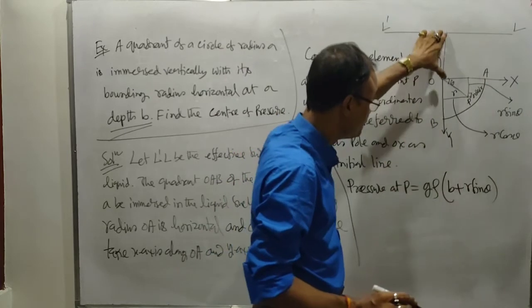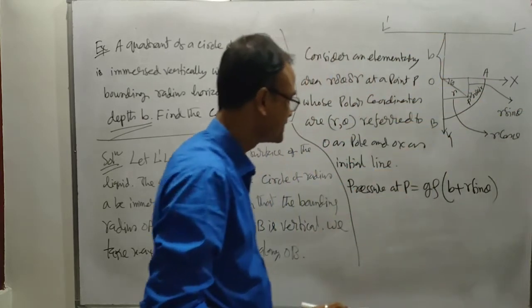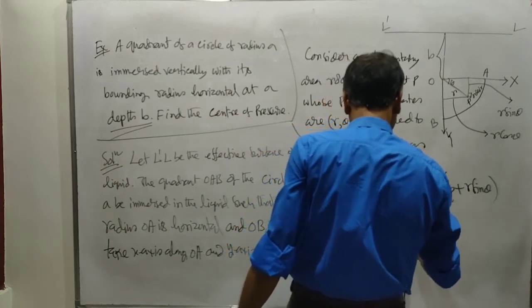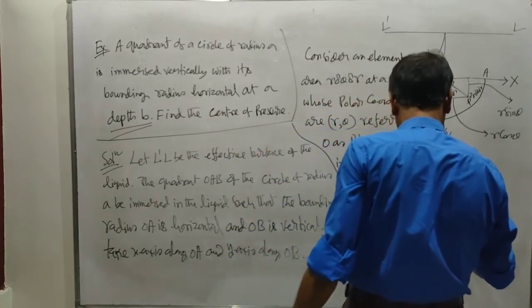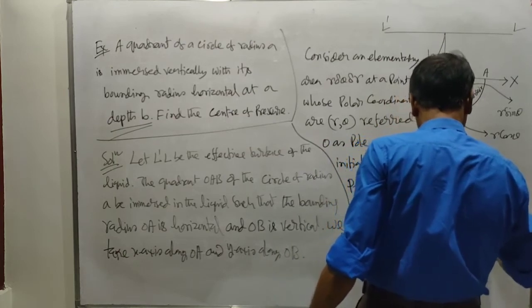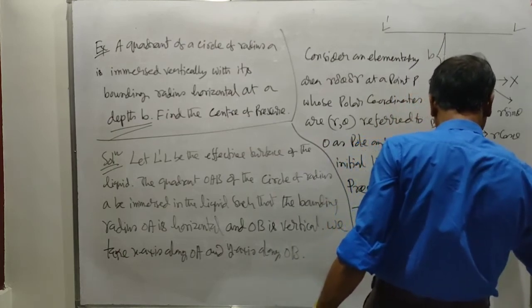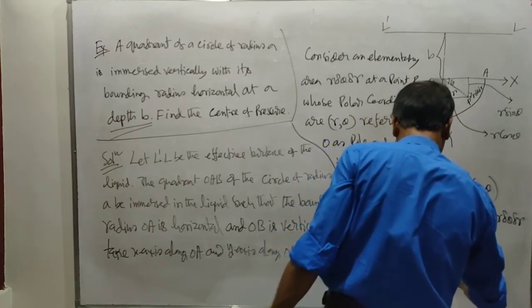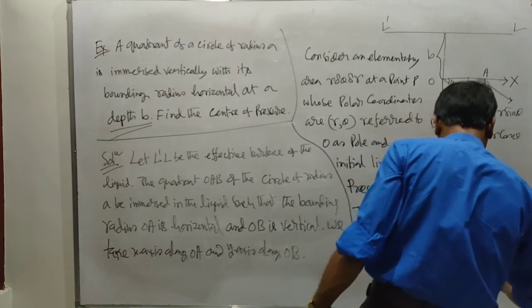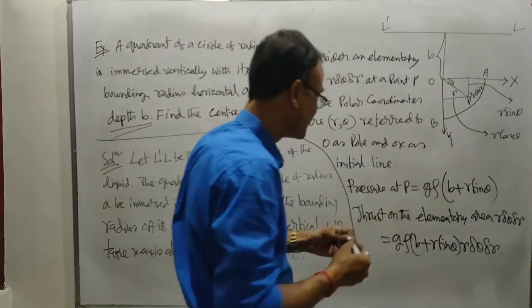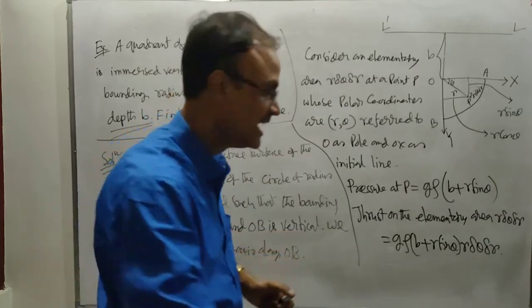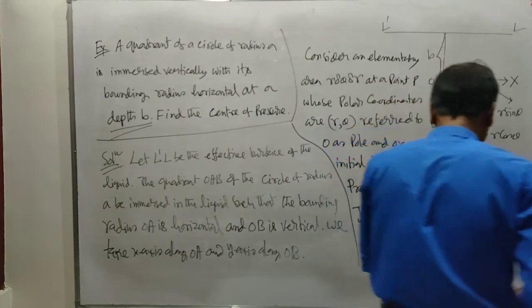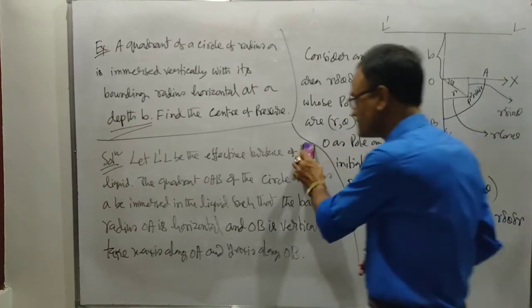Therefore, thrust on the elementary area r delta theta delta r will be equal to rho g (B plus r sin theta) r delta theta delta r.